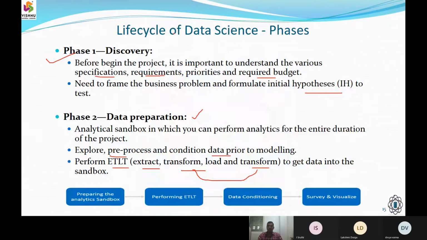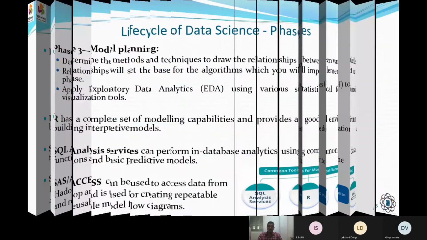The first one is business formulation, forming the null hypothesis and alternate hypothesis, and setting up the budget. That is phase one. In the second, we take extraction, transformation, loading, and again transformation over the structured and unstructured data.